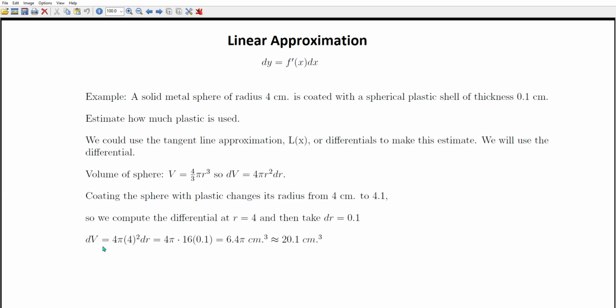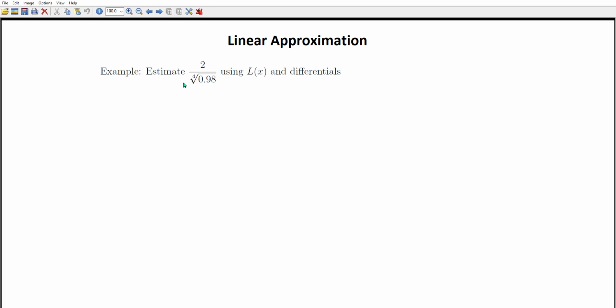So dV is 4 pi 4 squared dr, which is 4 pi times 16 times 0.01, which works out to be 6.4 pi centimeters cubed. And when you calculate that, you get approximately 20.1 cubic centimeters, and that's approximately how much plastic we need to coat the sphere.